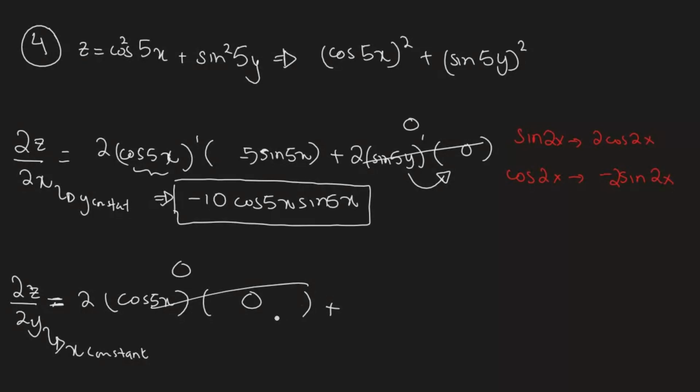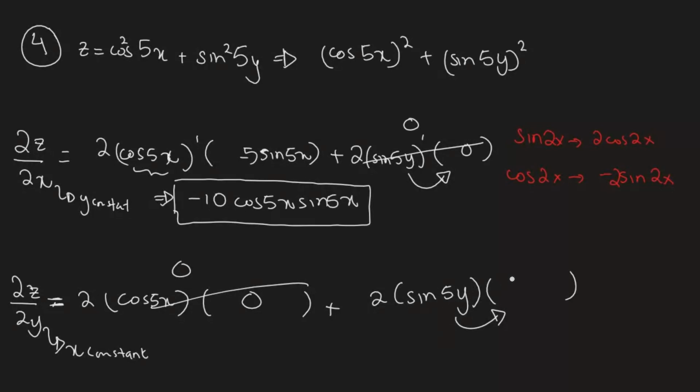What do we have next? We have this function in here, sine of 5y squared. Now taking the derivative of this one, sine 5y, bringing the 2 down, subtracting 1 from the 2, and then times the inside function. Now we're treating x as a constant. There is no x here, so you can simply differentiate the y.